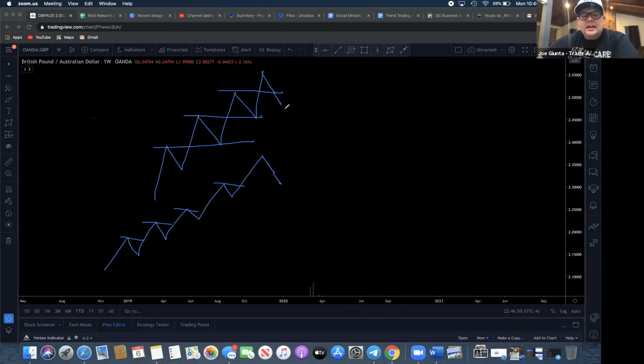So if we see it come down to here, now what we're doing is waiting for, oh, I lost my drawing tool. Yep. So we're waiting for this to be tested, and then we're waiting to see, is it going to just pull back up, retest, and do this?